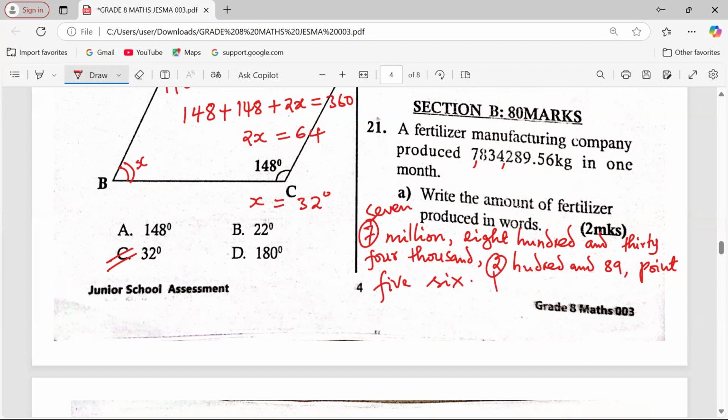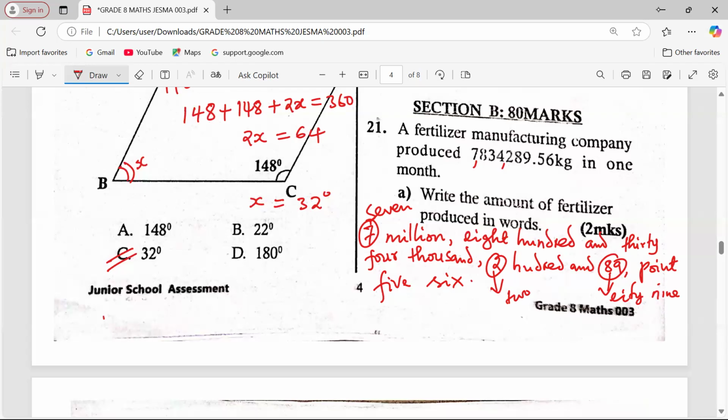7 million, 834 thousand, 289, and 56 hundredths. A learner can also say 289 and 56 hundredths.